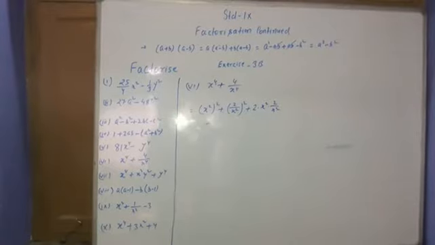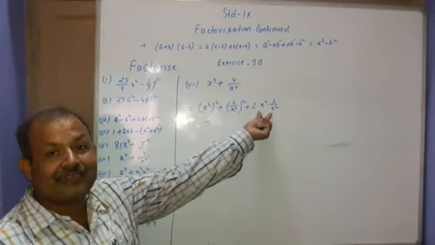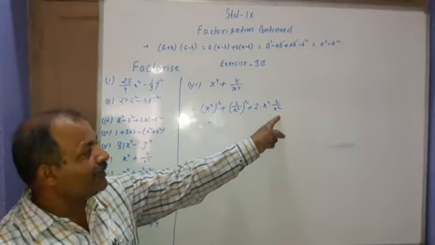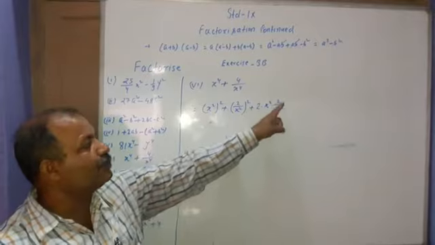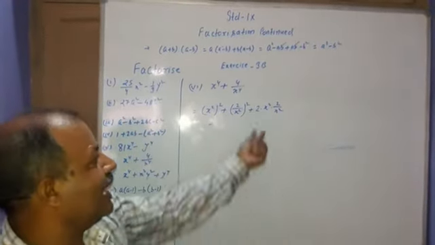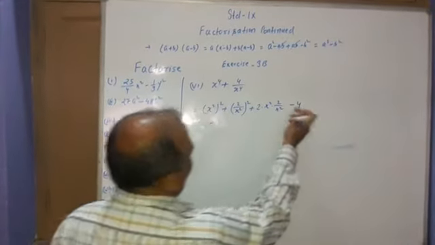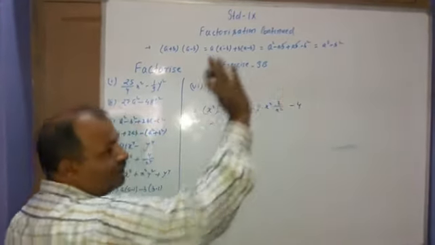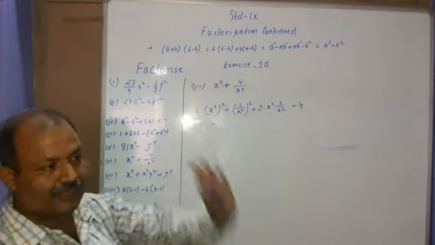This term is not given here, but we have written it. If x square is cancelled by x square, we are left with 2 to the 4. Therefore, we have added an extra 4, so we write minus 4 here. 4 minus 4 will cancel, and we are left with only these two terms.